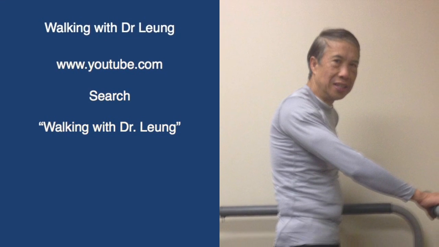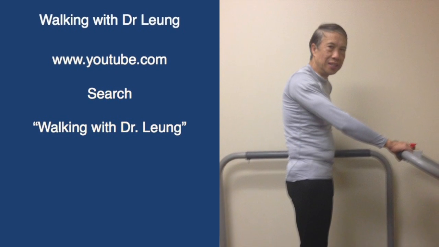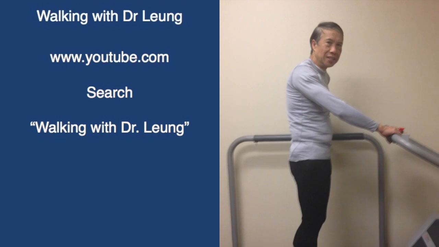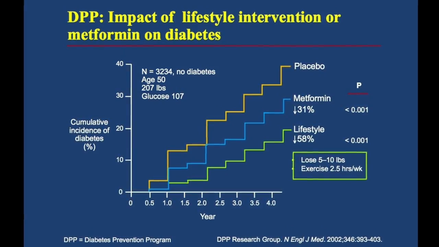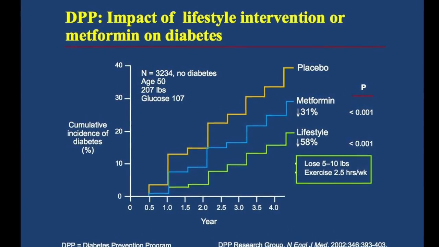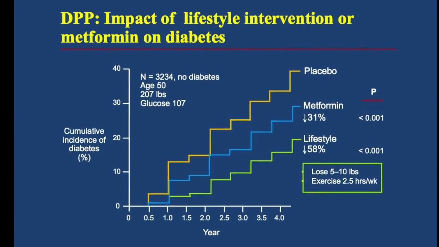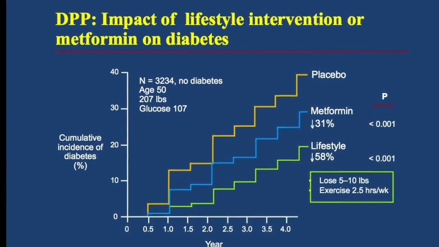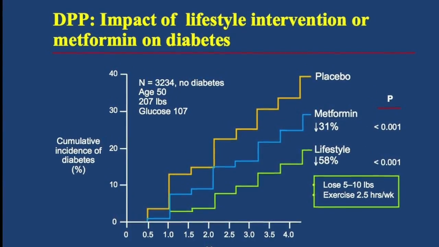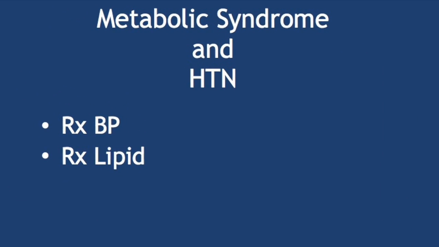I also advocate exercise, 30-minute walking exercise. Walking exercise is associated with close to 60% reduction in new onset diabetes, versus taking the medication metformin, which is associated with around a 30% reduction in new onset diabetes.